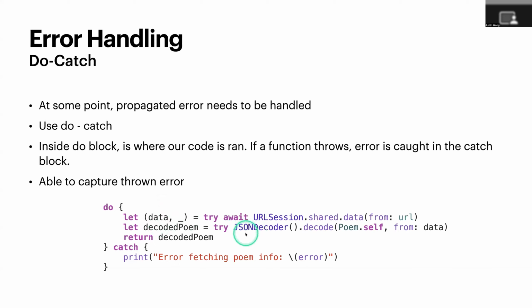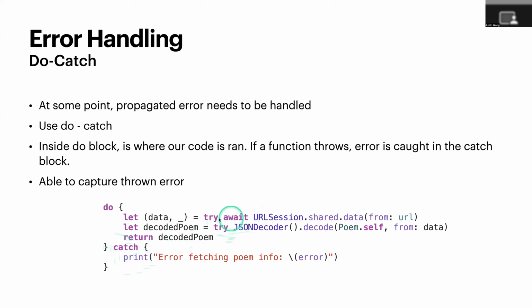Now, as you can see, URLSession can throw an error. Let's say something went wrong during the networking request. Maybe we accidentally got disconnected from Wi-Fi, and it's not able to complete this request. So it can throw an error, and we catch that error in this catch block.